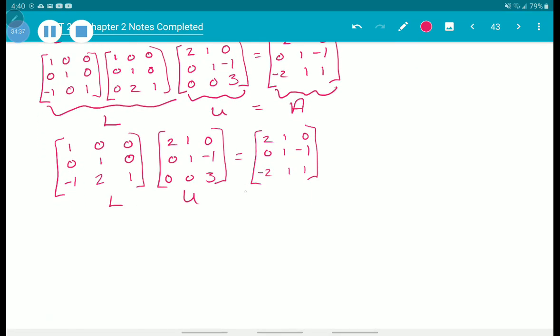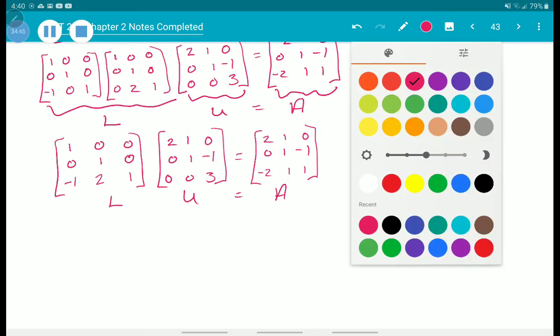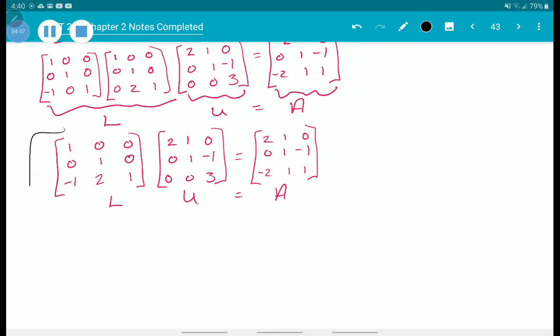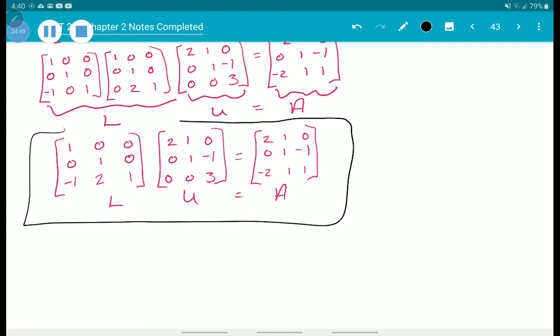So there's our decomposition. So that's your first step. Find your decomposition. Now I'm going to box this off so we don't lose it.